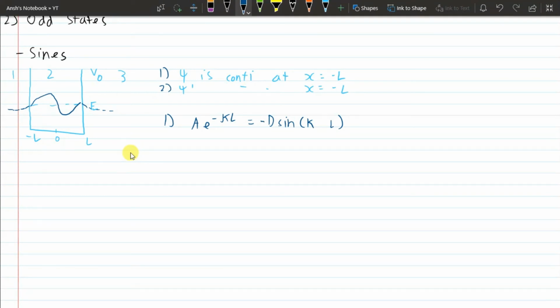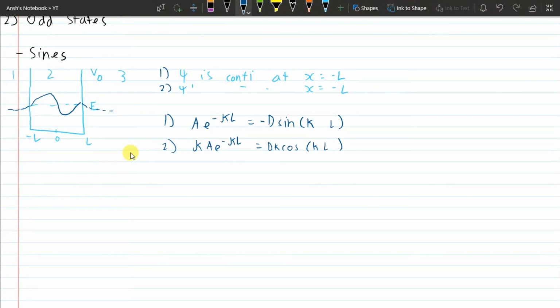From the second equation, again you have to differentiate with respect to x and substitute x equals minus L. What you'll be left with is kappa A e raised to minus kappa L is equal to D k cos k of minus L. Again, since cos is an even function, the minus L doesn't matter and we can just write kL.